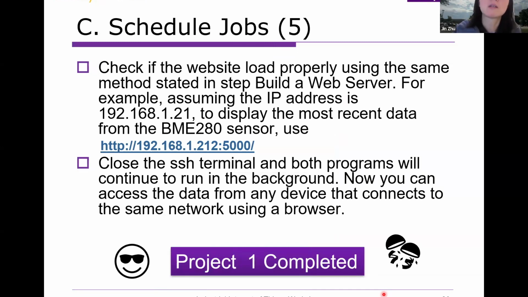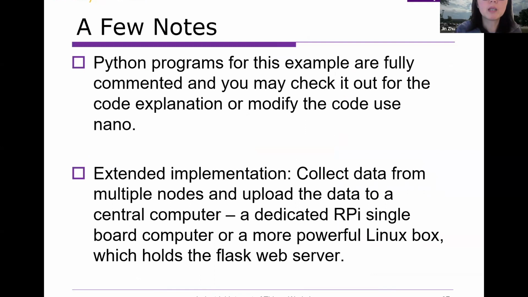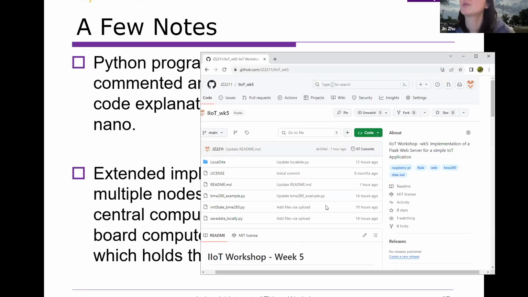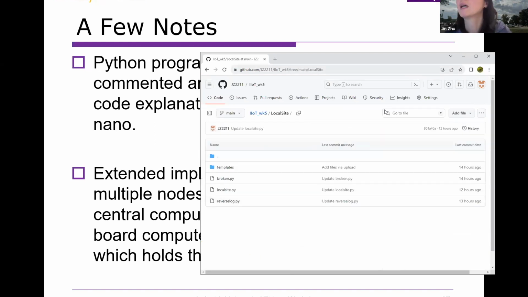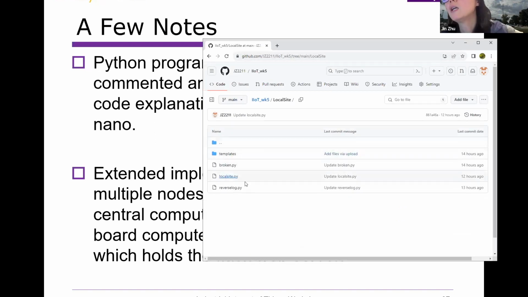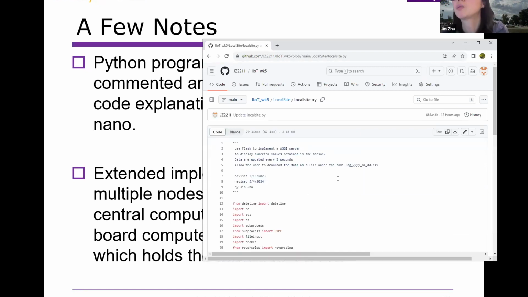Okay, so a few notes about this. The code is fully open. So if I want to know what it looks like, I can go over here and see the local site, which you could see over here.